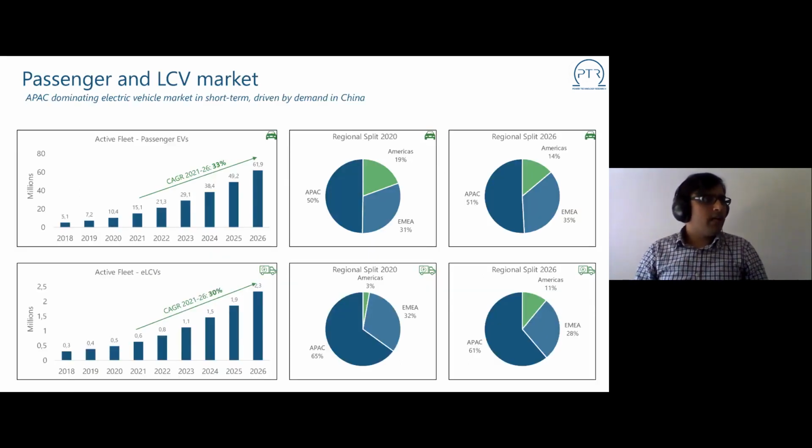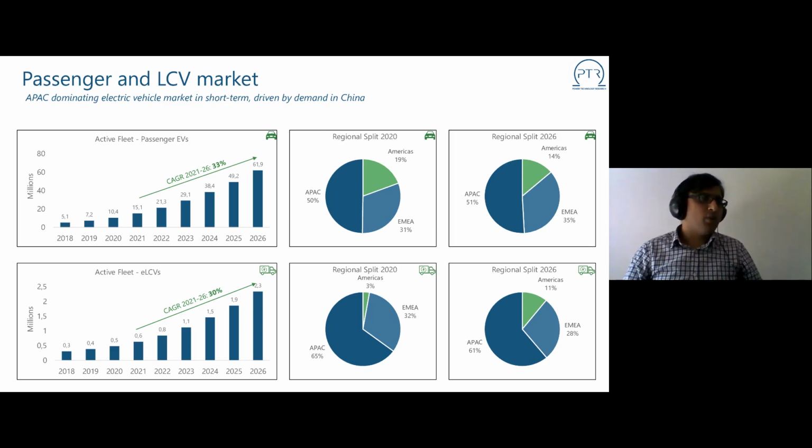Moving forward, just to give you a glimpse of how the passenger electric vehicle and light commercial vehicle market is going, we see double-digit growth for both passenger vehicles and light commercial vehicles.